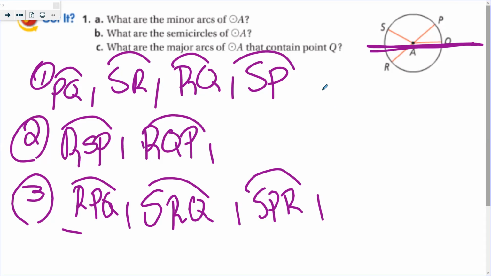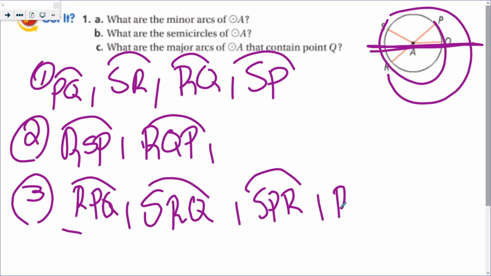But aren't they different? If I say S and then P and then R, or PRS, what do you say? I say PRS. This is PRS. And this is SPR. Yes, it's different.